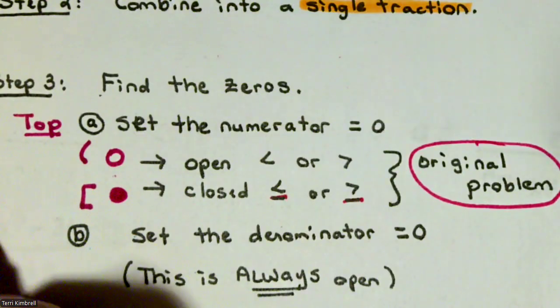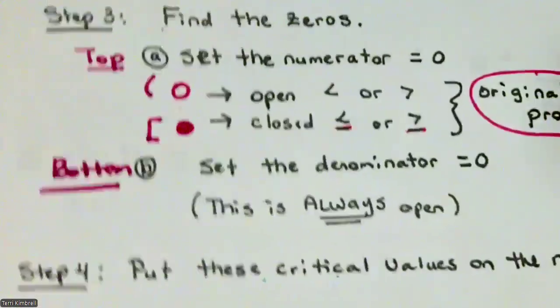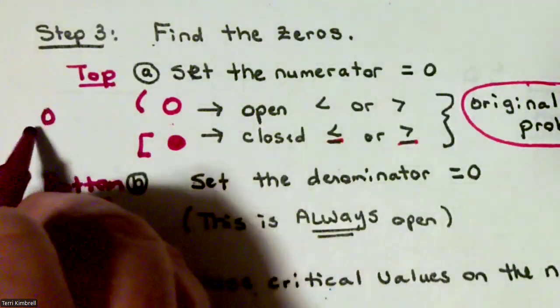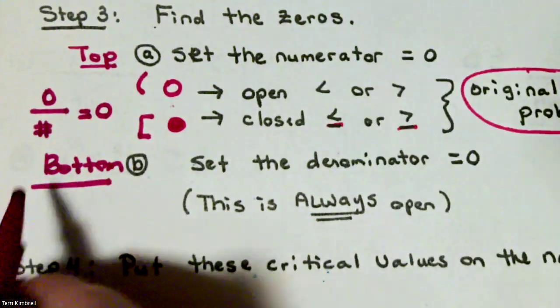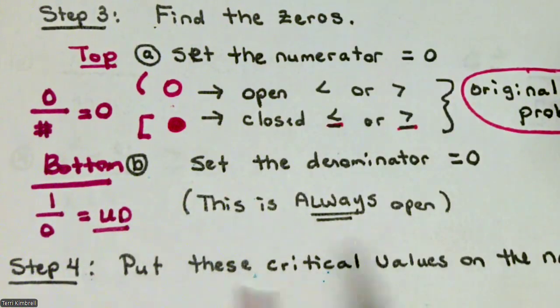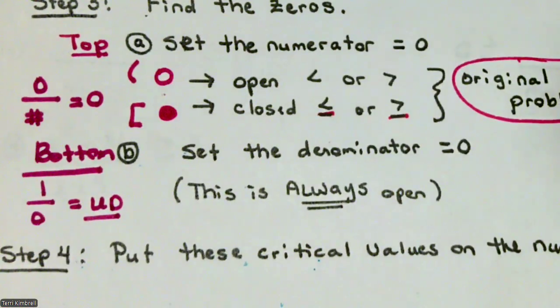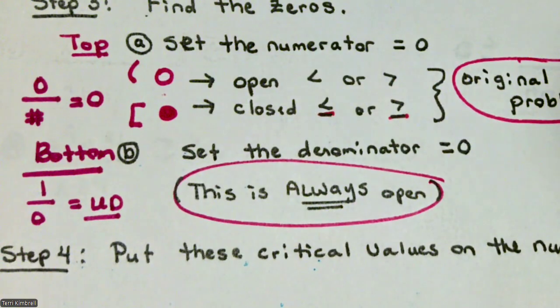The denominator is going to be the bottom of the fraction. You cannot divide by 0, okay? 0 on top will give you a 0. But if 0 is on the bottom, it is undefined. Now, you're going to use this value as a critical point, but you have to remember that it's always going to be open because it's not part of the answer.